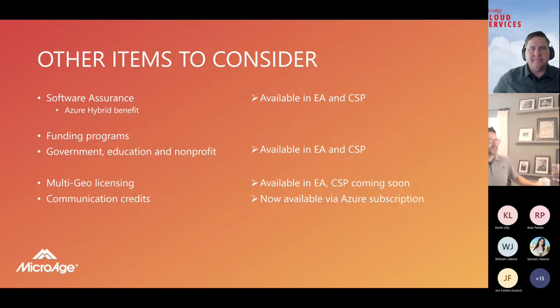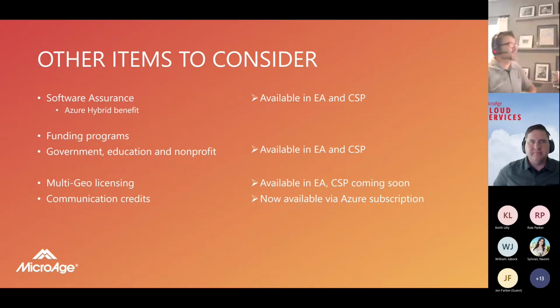Okay, some other items to consider here. We're moving at a really good pace. If you like software assurance, the Azure Hybrid Benefit has historically been underutilized, but we're starting to see more and more of it. The truth is, if you have software assurance on data center licenses and SQL licenses, you can provision workloads in Azure leveraging that license with software assurance.